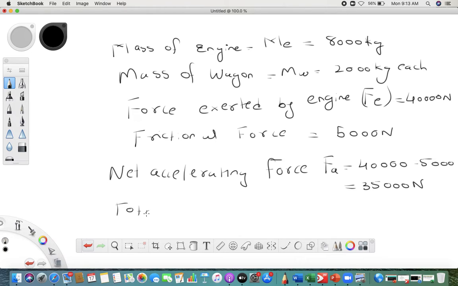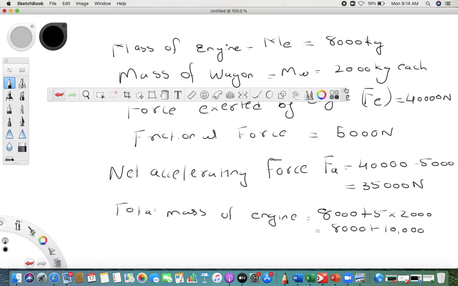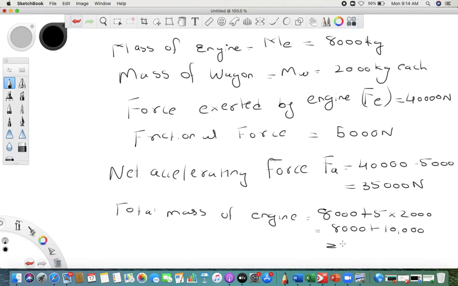Total mass is equal to 8,000 plus 5 into 2,000, which is 8,000 plus 10,000. So the total is 18,000 kg.